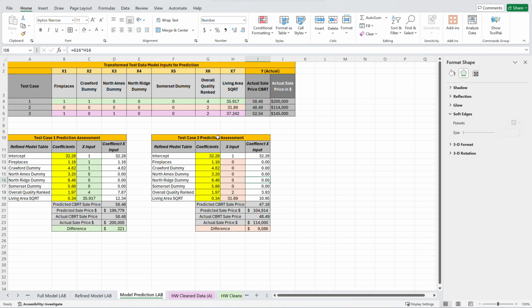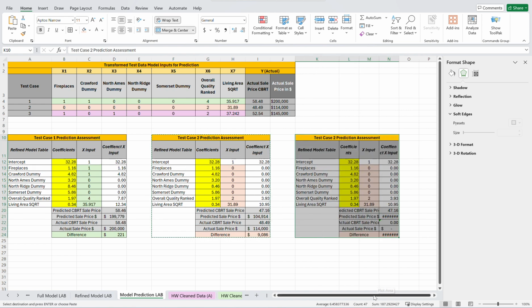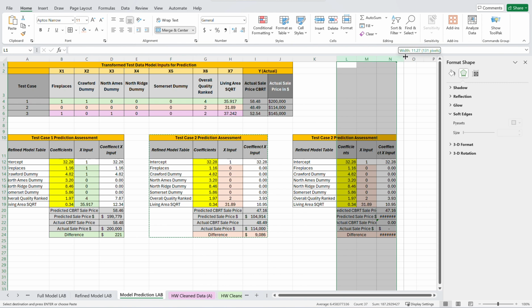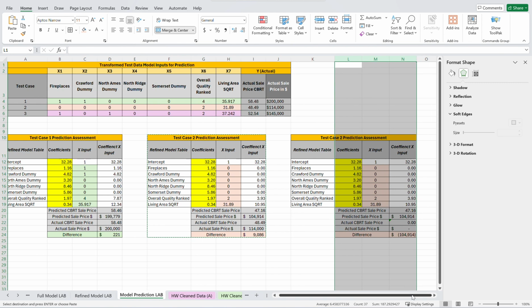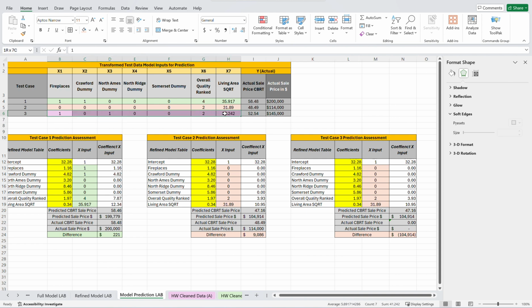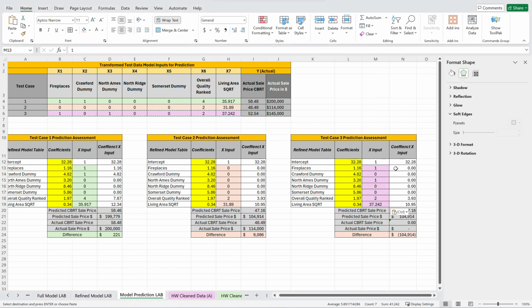We'll copy this, paste it here, open that up, can open those up a little bit. And then for test case 3, again, all we have to do is copy these inputs here, right click, and then when we come over here, we'll right click to transpose paste so that it pastes downward in the column.